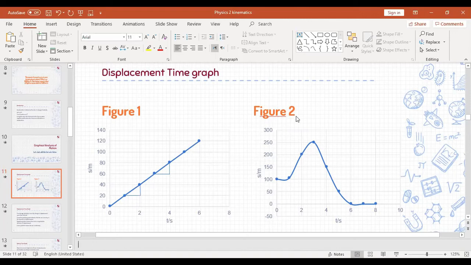Why? Because this displacement remains positive throughout the motion, but the displacement of the car is not moving uniformly.